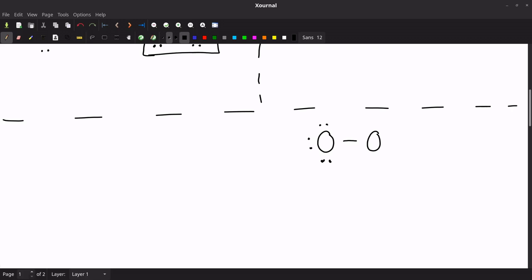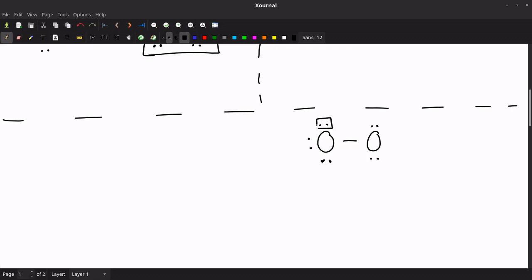So I could have given one of them 6 and the other one 2. Okay, now if I do my count, I got 1, 2, 3, 4, 5, 6 for this guy. He's missing 2 electrons. This guy is 1, 2, 3, 4, 5, 6, 7, 8. He's happy already, right? He needs to share some electrons with this guy.